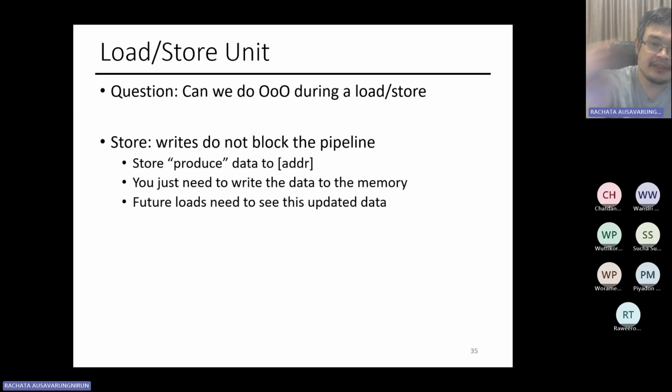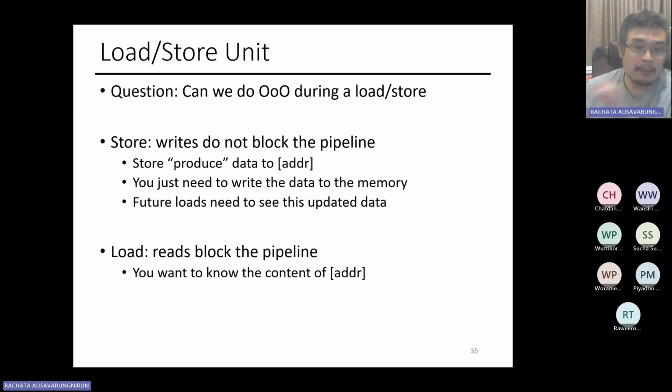When I have a store instruction, it only produces new data based on the address I want to store to. So from the memory point of view, store doesn't block the pipeline. I just write to DRAM, and if someone needs the data, I can forward it to you.